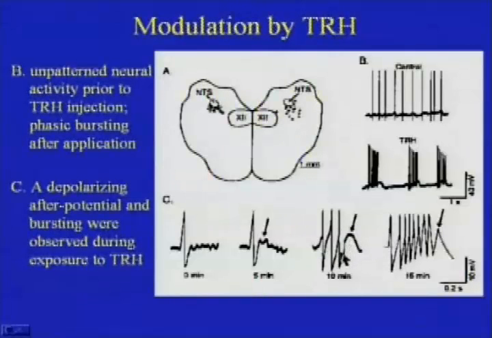So the neuron itself is now increasing its membrane potential close to, if not exceeding threshold, and thereby either driving its own action potentials, as in the latter case, if it exceeds threshold, or allowing inputs to generate the bursting effect. It probably is the spontaneous bursting, because at 16 minutes we see that it just continues to fire, and the depolarizing after potential still persists.